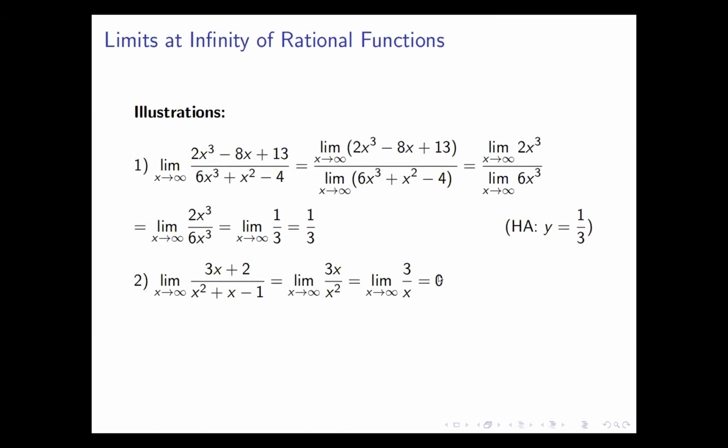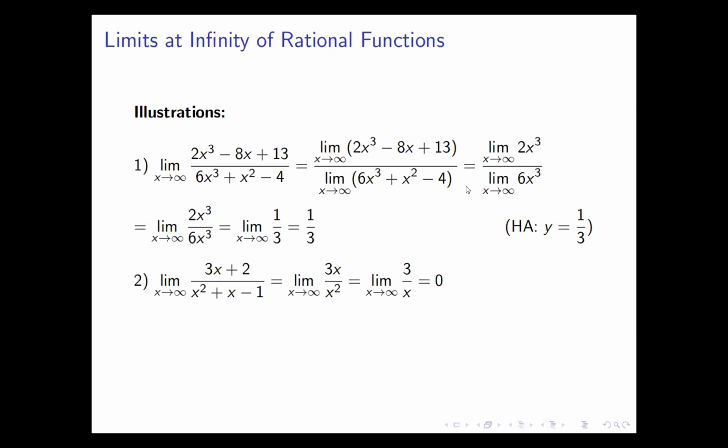Now, what is the horizontal asymptote now? Y equals 0. Tama. What is y equals 0? It's the what of the Cartesian plane? The x-axis, yes.